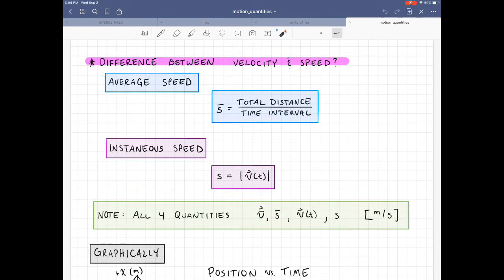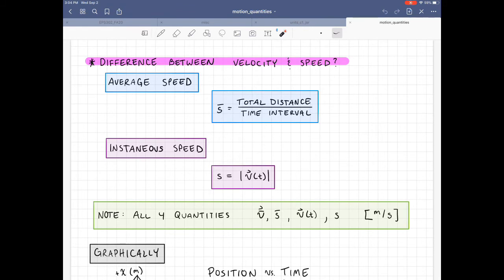Okay, so let's take a moment to make sure we're careful with the language that we use going forward. We've been talking about average velocity and velocity, which are vectors. What's the difference between velocity and speed? Well, average speed takes into account the total distance traveled rather than displacement, divided by the time interval. So for the average speed, just take the total distance traveled and divide that by the total time.